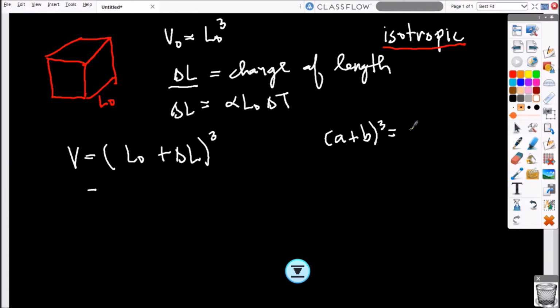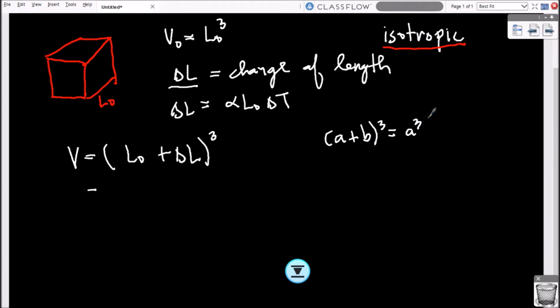That will be A cube plus 3A squared B plus 3AB squared plus B cube.